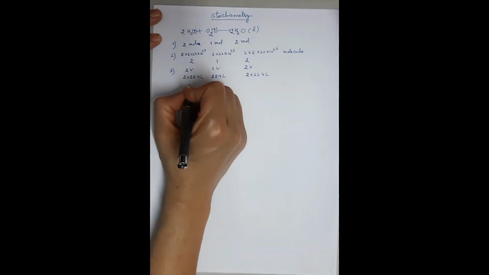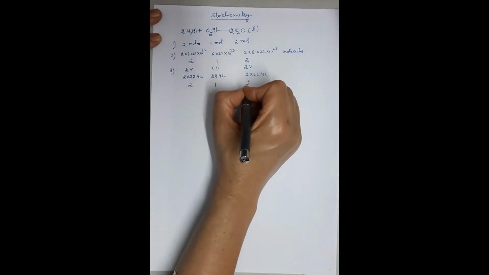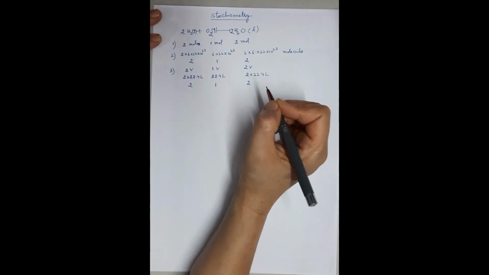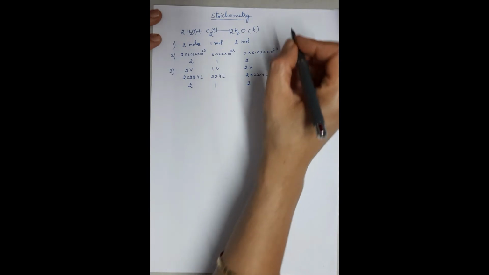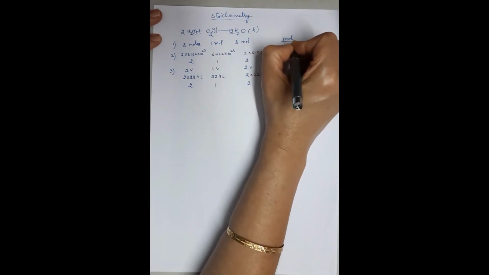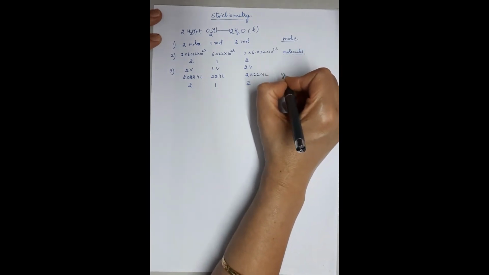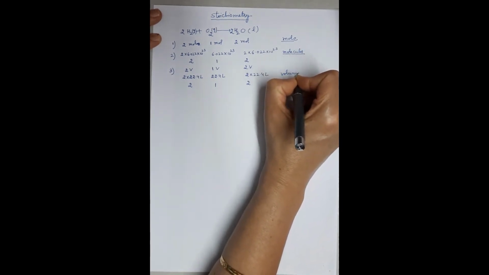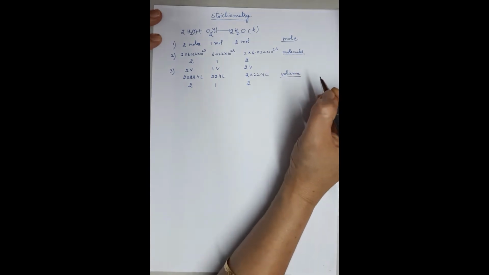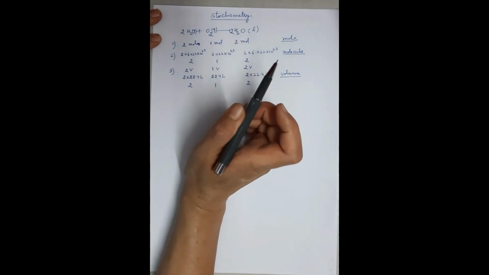So volume wise also they are reacting in the ratio of 2:1 and 2 liter is formed. So 2:1:2 is the ratio. So one information is regarding the mole, second information is about molecules, and third is about volume. And regarding the state of reactant and product also we are getting the information.